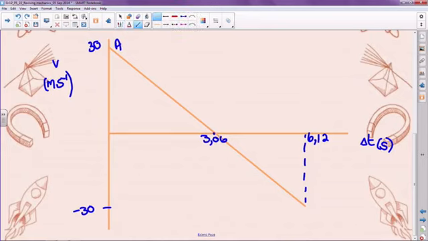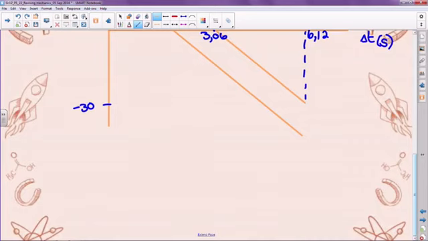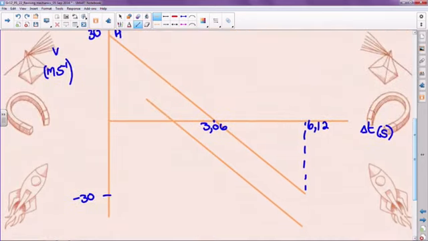Now, ball B starts 2 seconds later, and hits the ground at the same time. What's important about this ball B? Ball B is going to start 2 seconds later, and I'm hoping you can see on your screens that the line for B must be parallel to the line for A. They experience exactly the same acceleration.